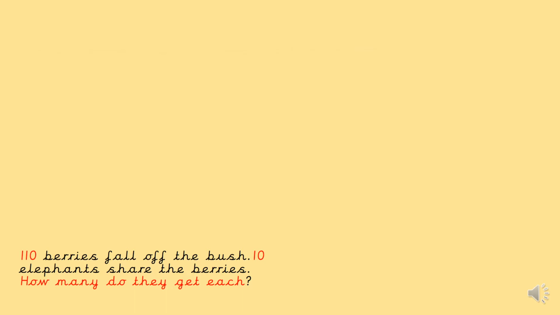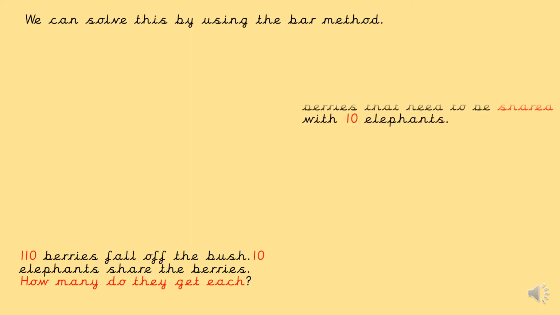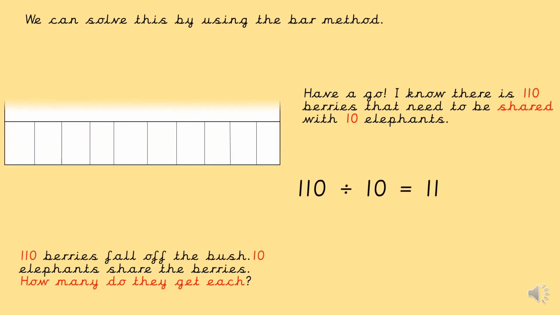Let's have a look. So we can solve this using the bar or the cherry. This time I'm going to use the bar. I know there is 110, that's my whole number, and it is shared between 10. So I've got 10 parts in my bar, but I don't know how much is going into each part.